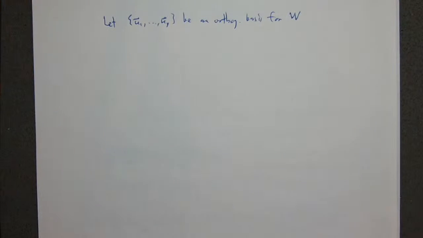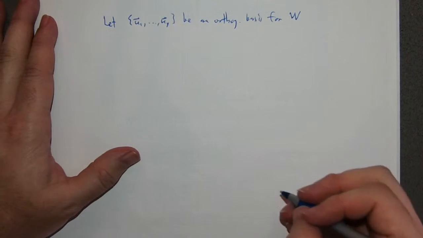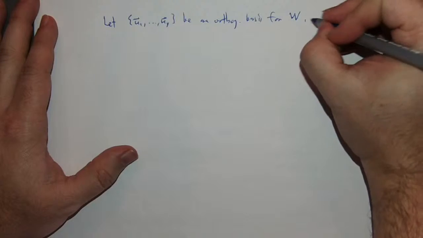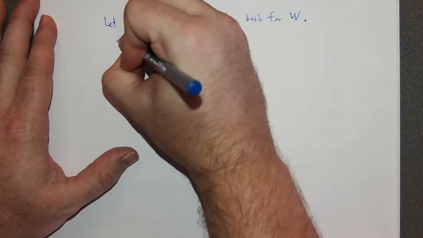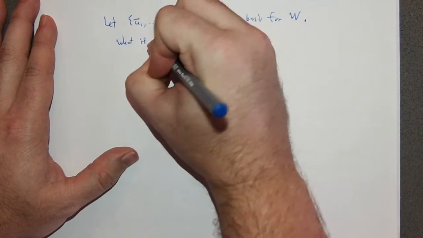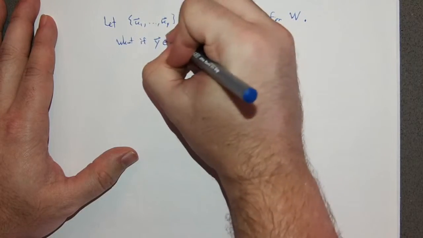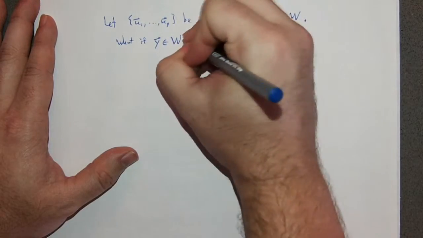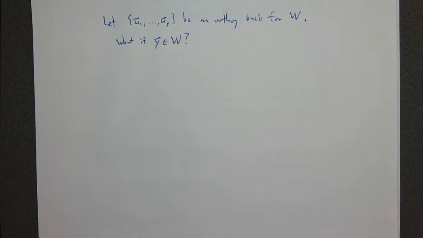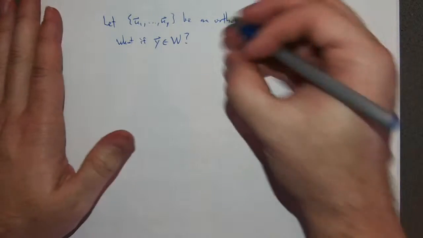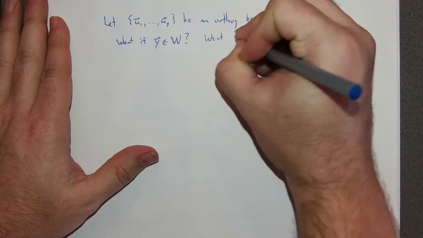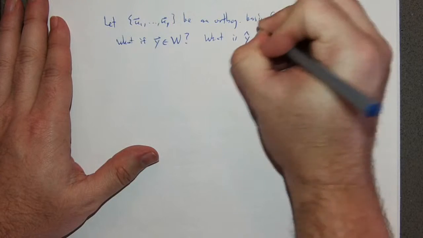So let those be an orthogonal basis for W. What if y is in W? That could always happen, so just pick any vector in W, call it y. What is y hat?